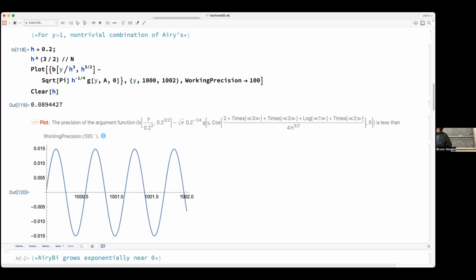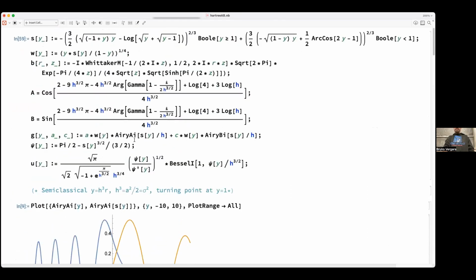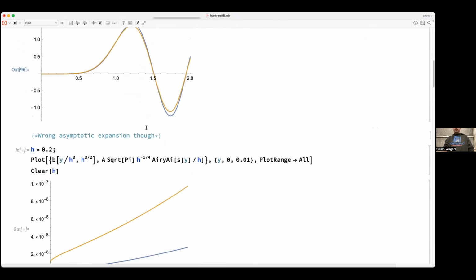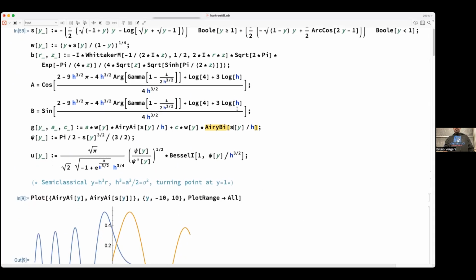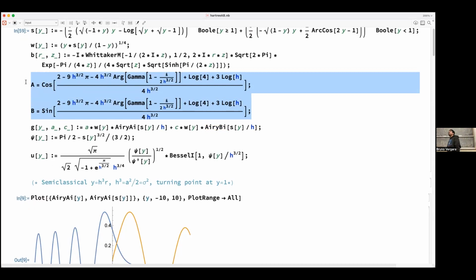I'm confused. Can you explain what the parameters of G are? G is the combination of area A and area B. The coefficient A is the one multiplying the area A, and the coefficient B is the one multiplying the area B. These are the coefficients in the argument of my function G, the right coefficients so that you match the asymptotic behavior at infinity of the true solution.